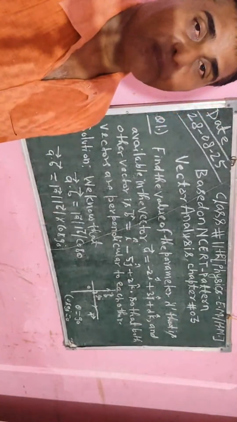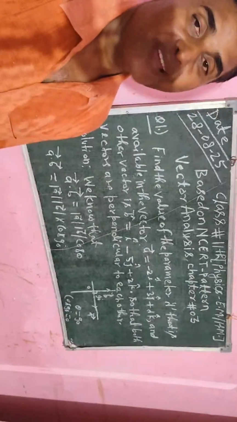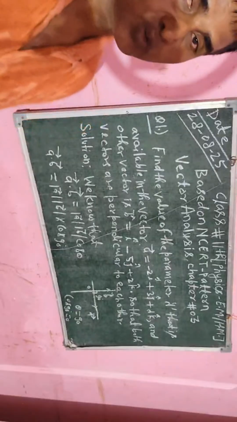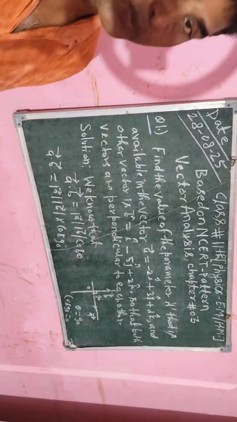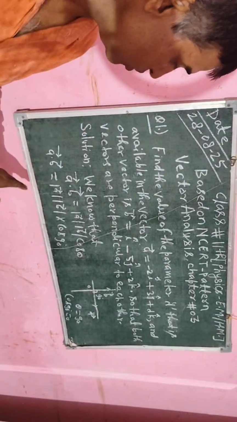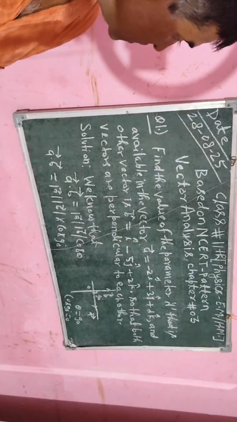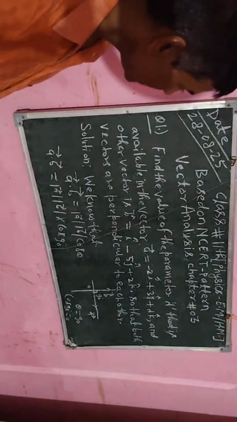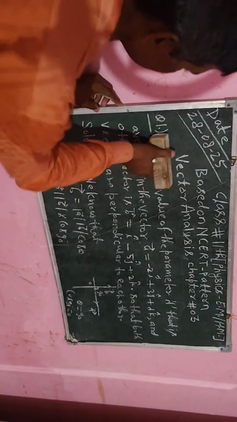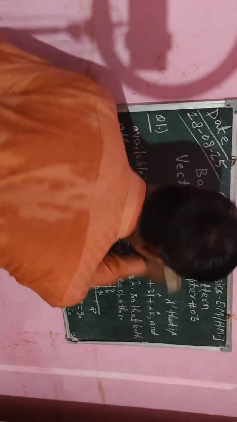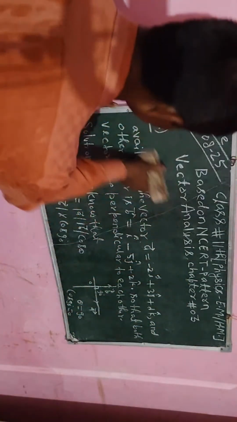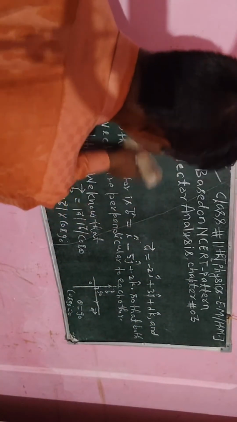That parameter value will lie from minus infinity to plus infinity. Now further, the data which is not necessary I will erase, and after erasing I will solve.